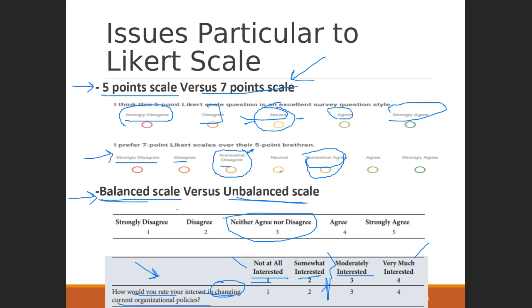I would recommend using a balanced scale instead of an unbalanced scale, as forcing respondents to take a position would introduce systematic bias, because when respondents truly have a neutral opinion, you are curbing their neutral opinion. So I would recommend using a 7-point Likert scale, and a balanced scale when you are using the Likert scale as your measurement tool.